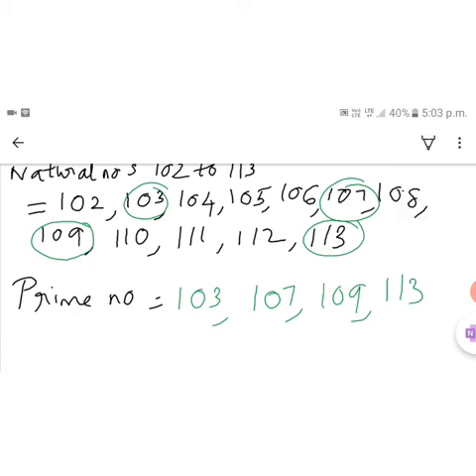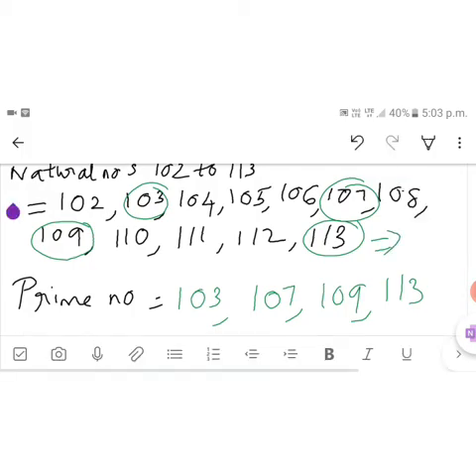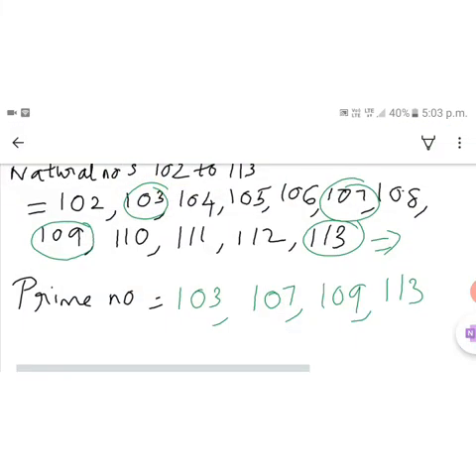Total number of natural numbers from 102 to 113 equal to 1, 2, 3, 4, 5, 6, 7, 8, 9, 10, 11, 12. Total number of natural numbers from 102 to 113 is 12.